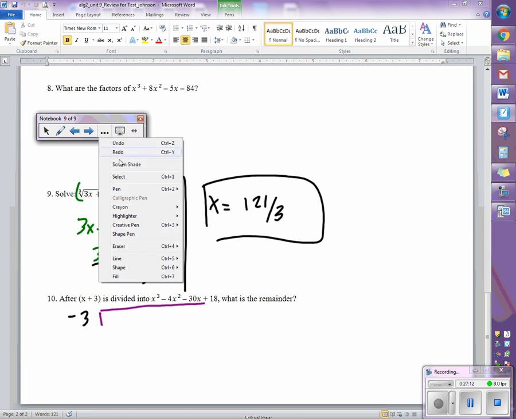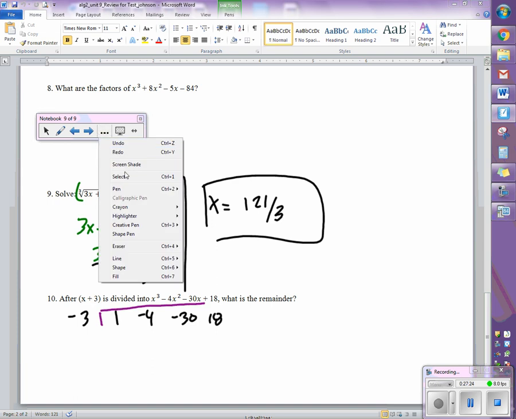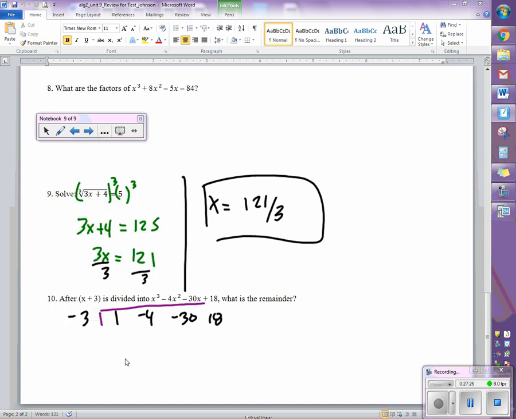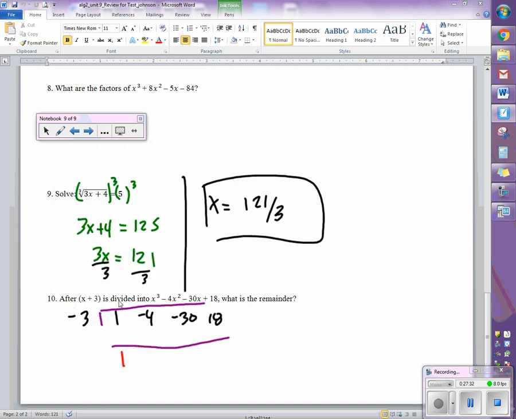And then it's degree 3. So we're supposed to have 4 terms. 1, 2, 3, 4. Put them inside the house in order. And start the division process. Bring down 1, times negative 3. Add it with negative 4.